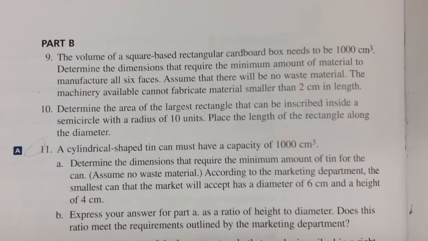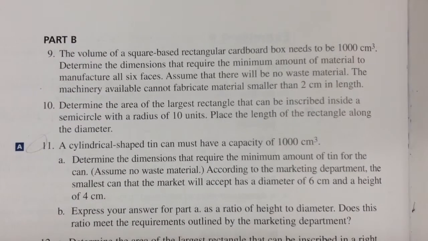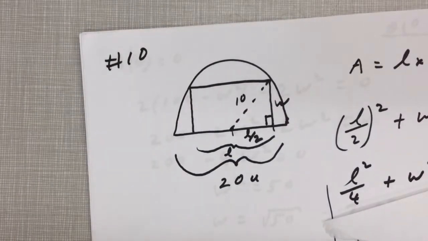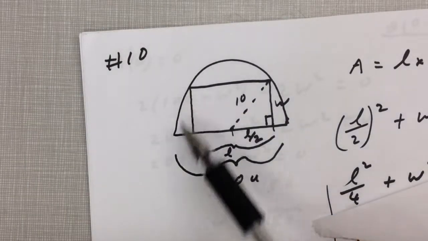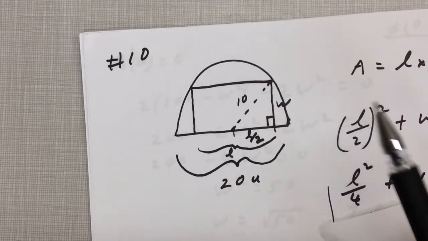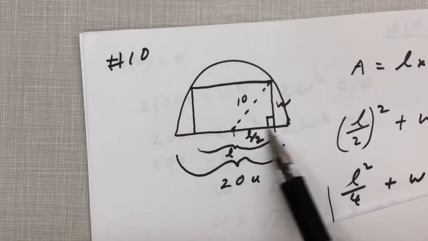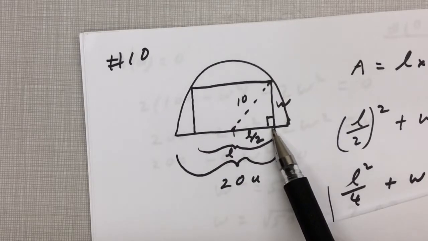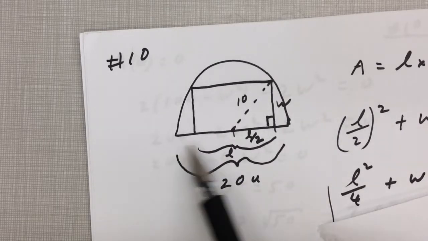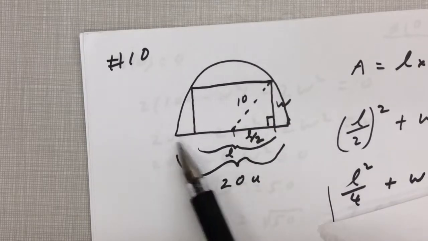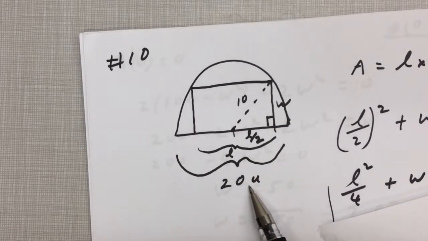Place the length of the rectangle along the diameter. So here's a diagram inscribing a rectangle inside a semicircle where the length is along the diameter. We know that the radius is 10, so the diameter is 20.